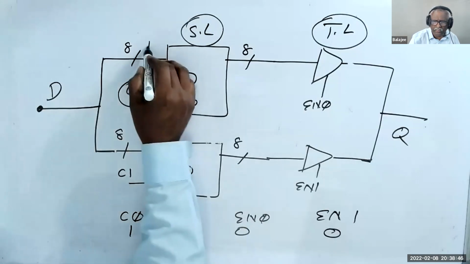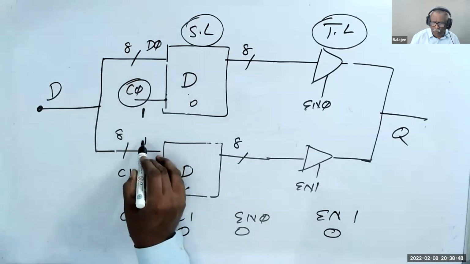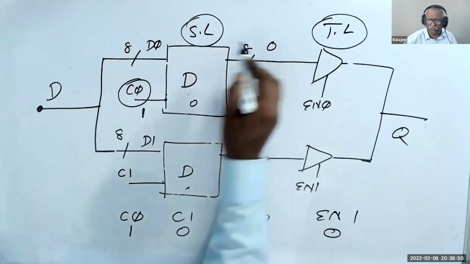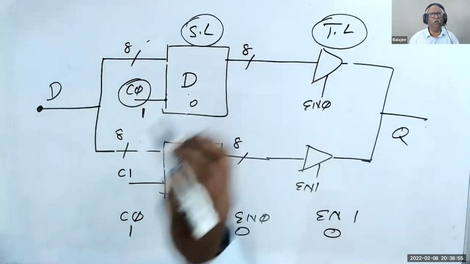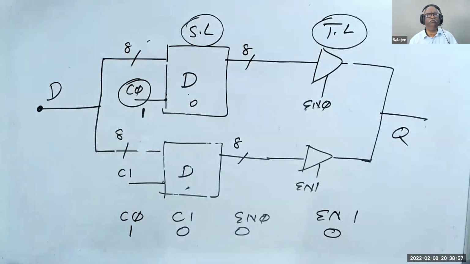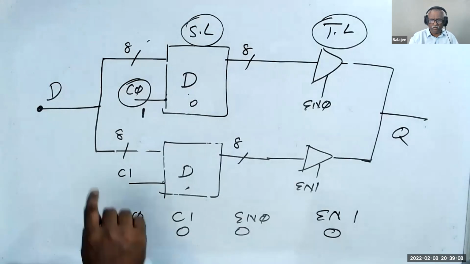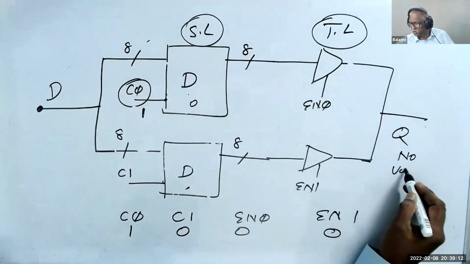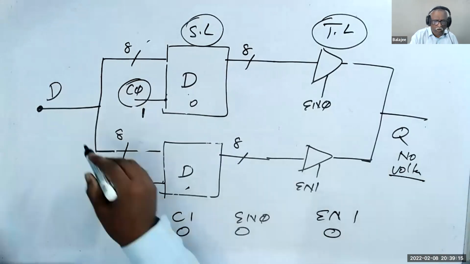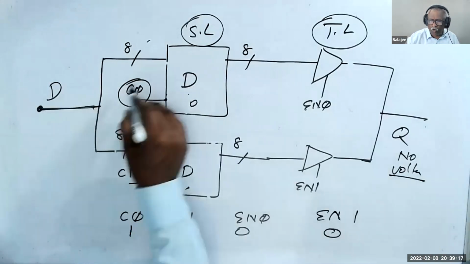Let's call this D0 and this D1. Now I'm making C0 1. This is no voltage. But whatever comes in D will go to this Q.